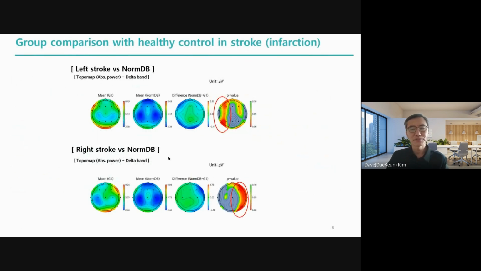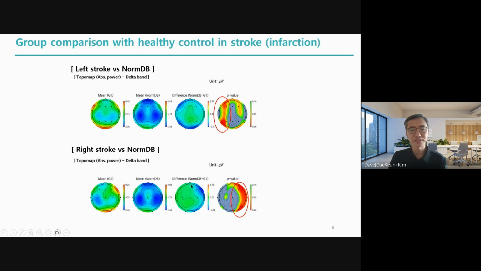In our stroke population data in the acute phase, you can clearly see that in left hemisphere stroke, the delta activity in the left hemisphere is increased significantly compared with the normative population. And in right hemisphere stroke, we can see the difference between the normative database and the right hemisphere stroke population.